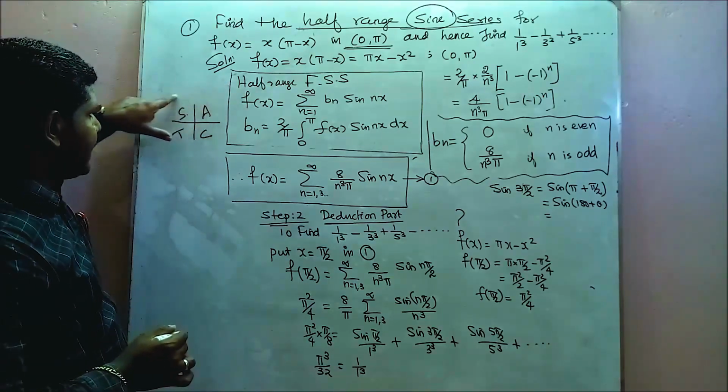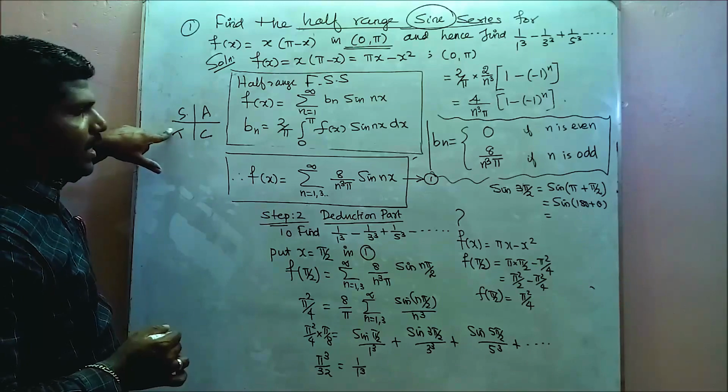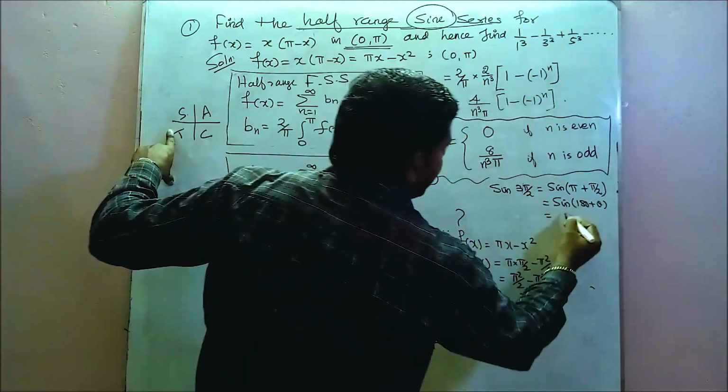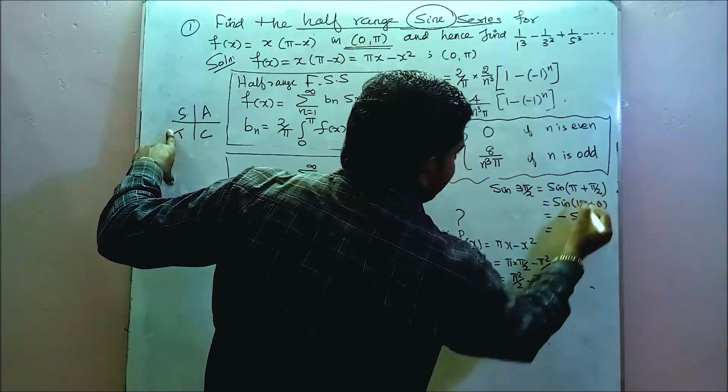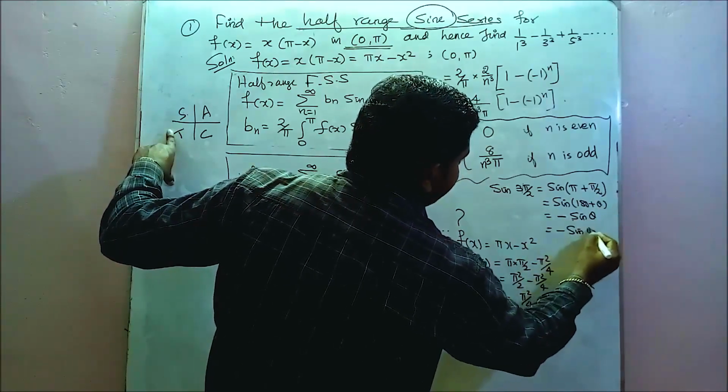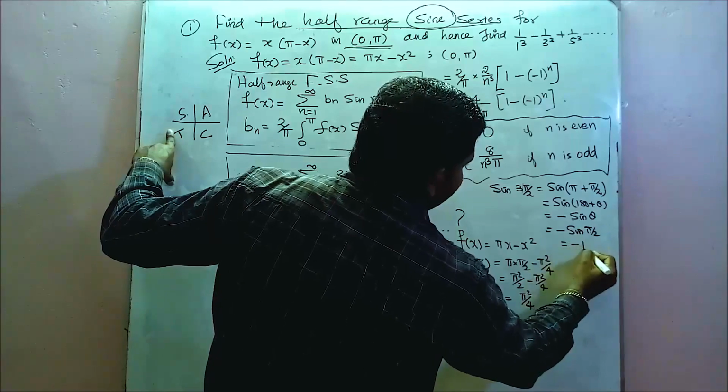So 180 plus theta அப்படின்னா third quadrant. அந்த third quadrantல sin வந்து minus, அதனால sin of 180 plus theta னா minus sin theta. So இந்த கான்செப்ட் இங்க அப்ளை பண்ணும்போது minus sin pi by 2 கிடைக்கும், that is equal to minus 1.